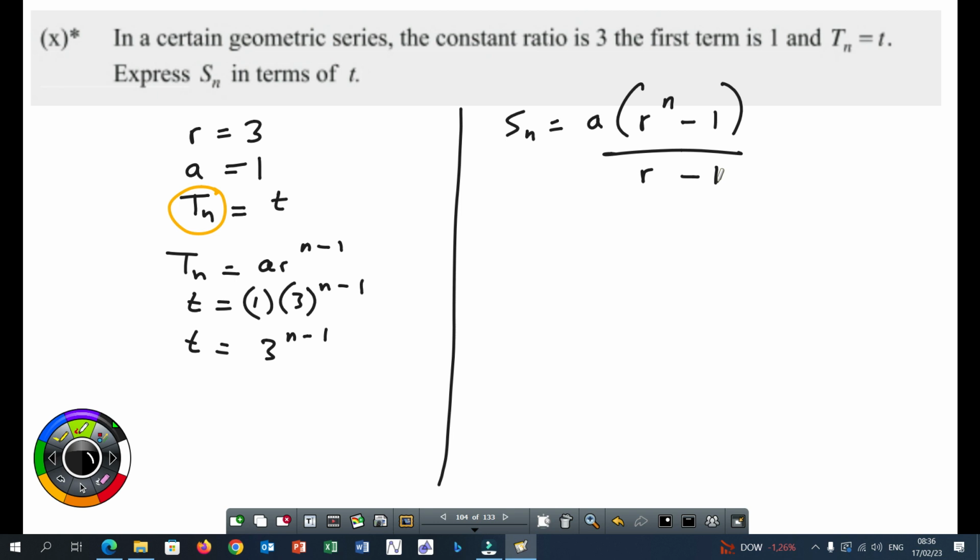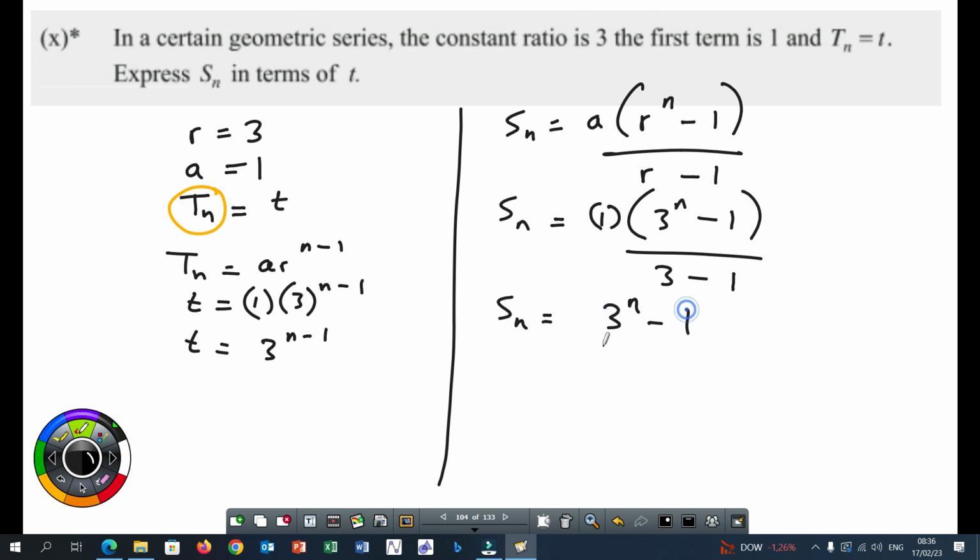Okay? Now, let's substitute the values of A and R. So this will be Sn equal to 1 times 3 to the power of n minus 1 over 3 minus 1. So if you simplify this, you end up getting 3 to the power of n minus 1 over 2. Alright? But the question says you need to express Sn in terms of t.